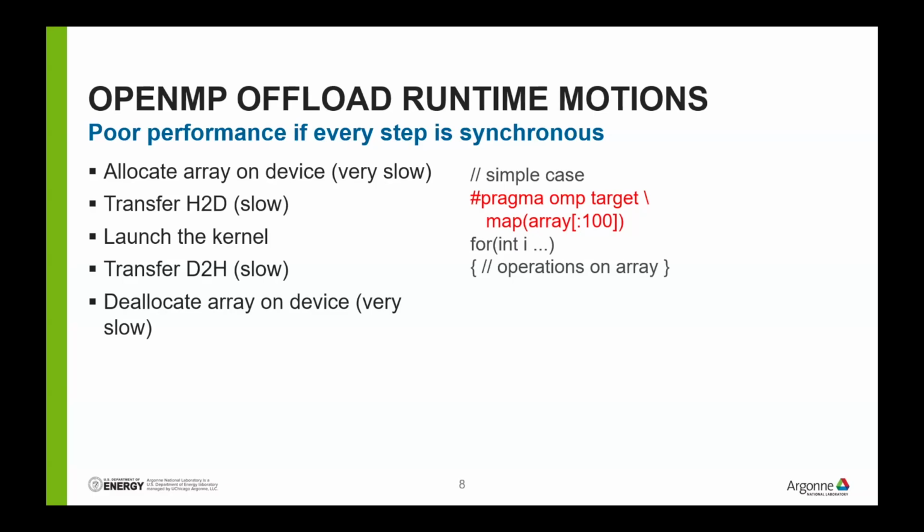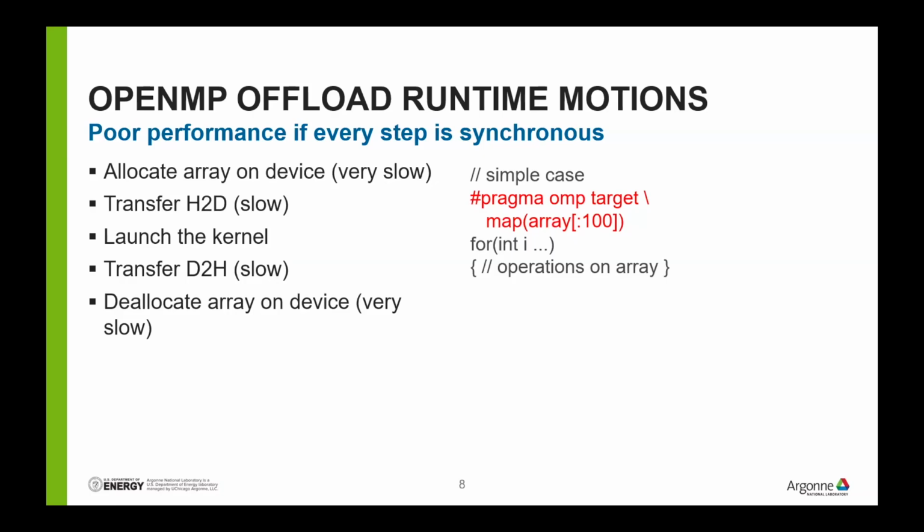However, let me break up what it is doing. It first allocates the memory for the array on the device. Allocation is a costly process. The GPU needs to lock up the memory mapping table, and allocation and release carry certain constraints.